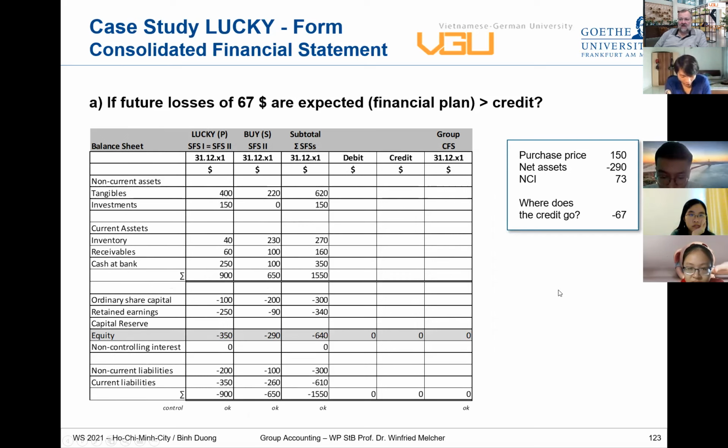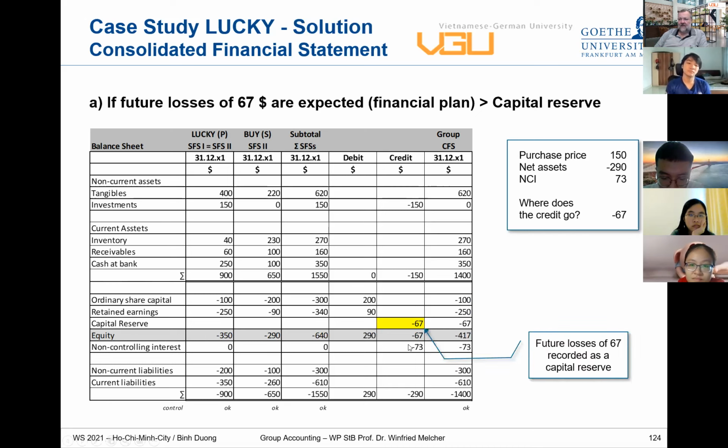Well, if it's a future loss, then we would have to strengthen our equity, and we would put in a capital reserve in the consolidated financial statements of 67, and that will increase equity to 417. I'm sorry, this line should go before equity because it's included in the sum. I would change that for the next cohort. All right, so that was A.